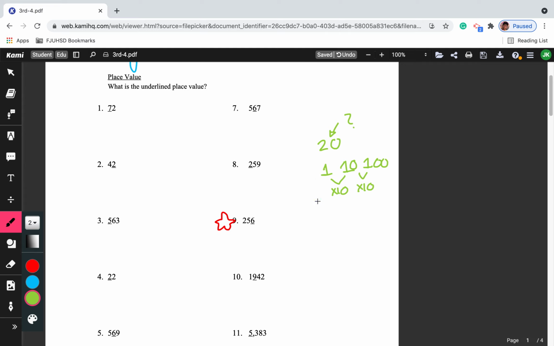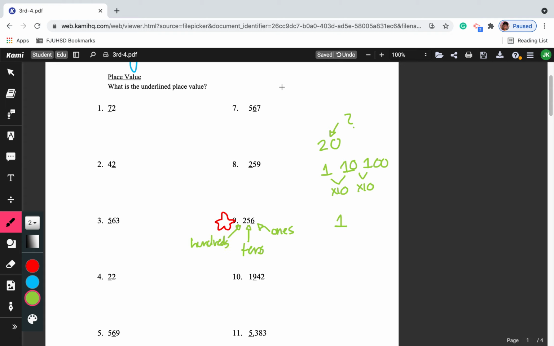So we call the one all the way on the right the ones. Oh no, we don't call the middle hundreds. We call the middle tens. And then we call the one all the way in the front hundreds.